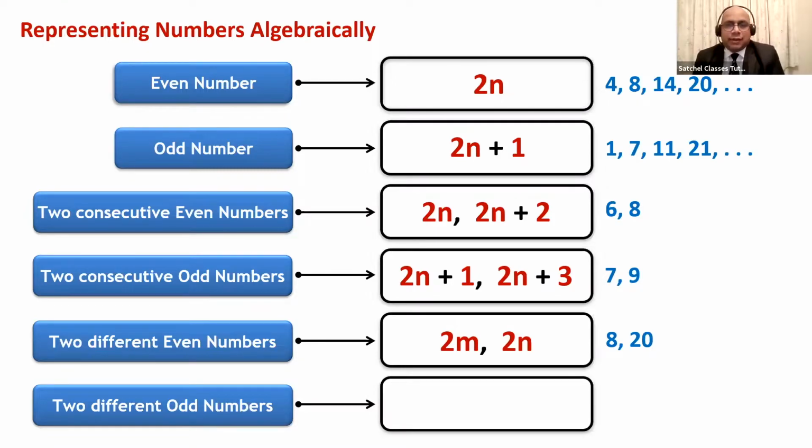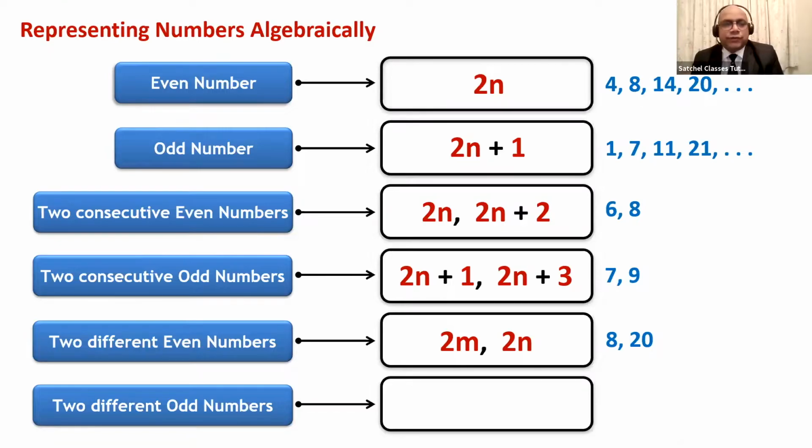Like in the previous case, we knew that the difference between two consecutive even numbers was 2. In this case, we can't say that. So we just randomly assign two different letters. One of them is 2n, the other one is 2m.